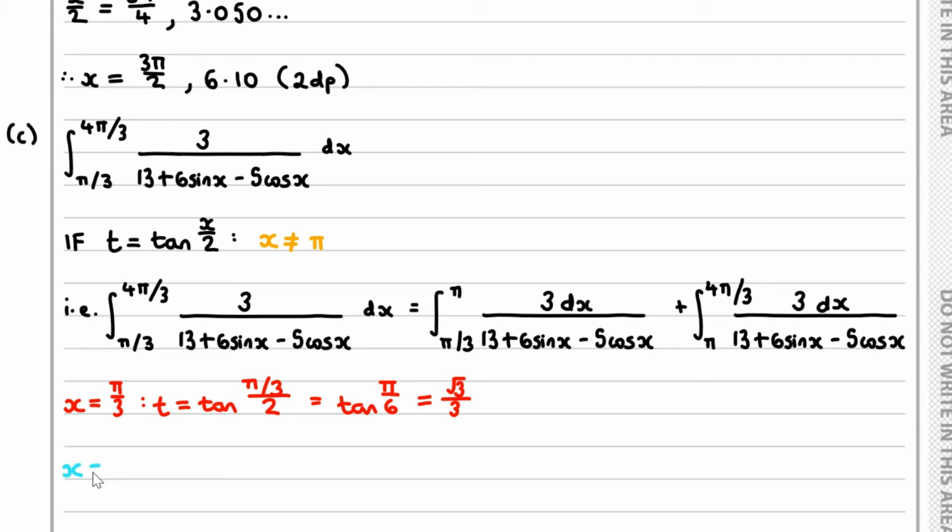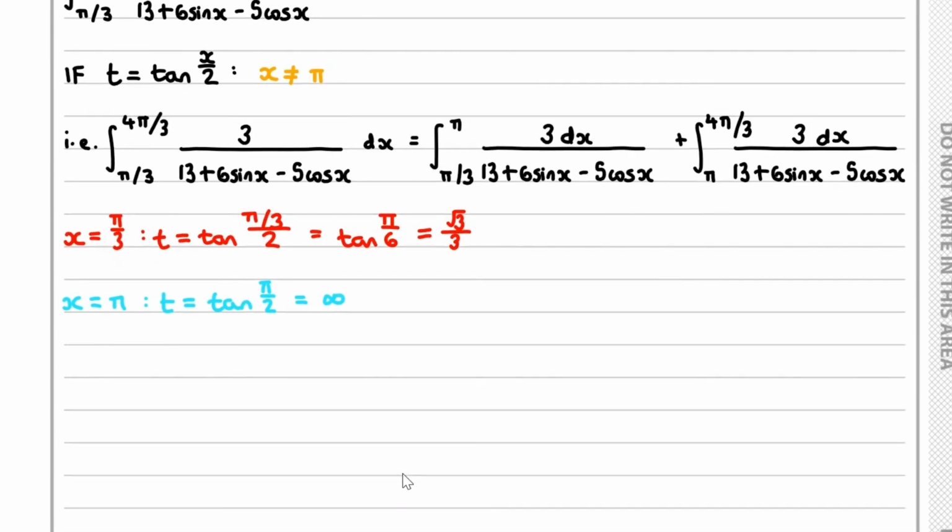And similarly, here we'll do it in a different colour. When x is equal to pi, we'd have t equaling the tangent of pi upon 2, which is equal to infinity. And when x is equal to 4 pi over 3, t is equal to the tangent of 4 pi over 3 over 2.